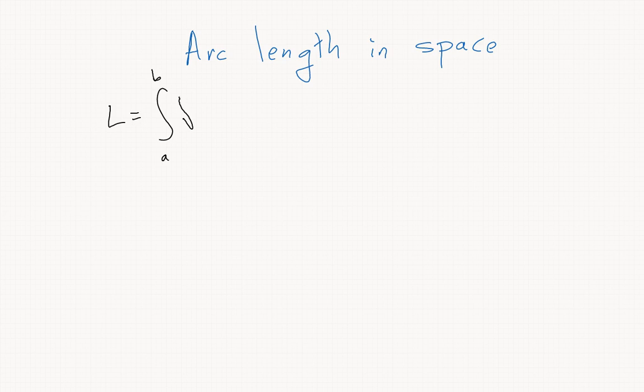Something we like to do with plane curves is to calculate their arc length. And now we want to do the same thing with curves in space. So recall that the arc length in the plane we find by integrating from a to b, if we have a parameterization of a curve, the square root of (dx/dt)^2 plus (dy/dt)^2 dt.